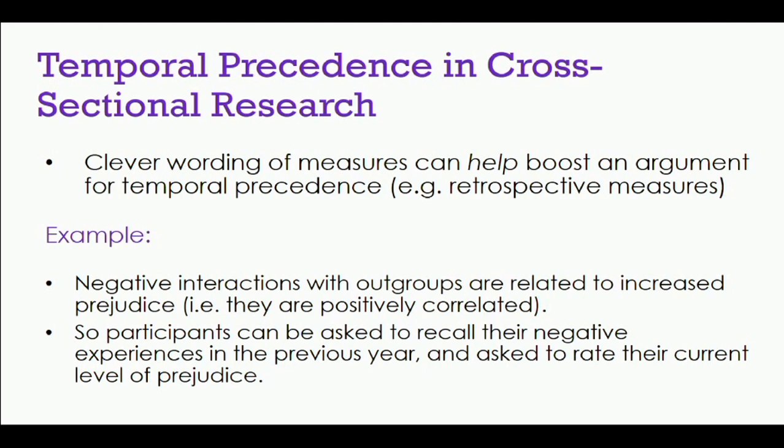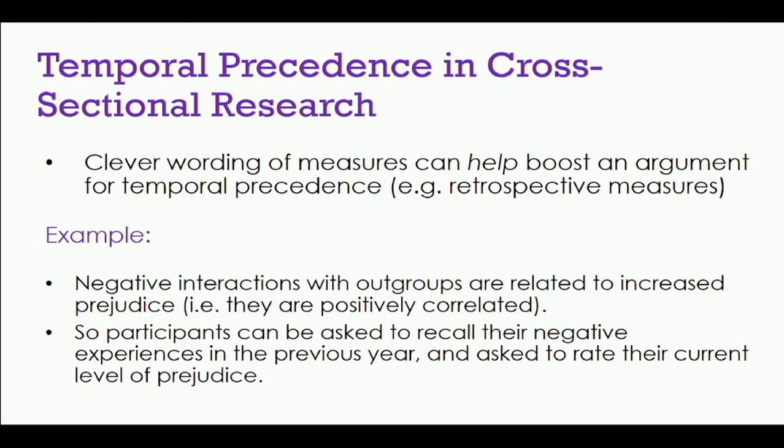So we could ask participants, well, in the last year, how many interactions have you had with this particular out-group, and have they been negative? Have you got into arguments? Have you been cut off on the road by someone from that out-group?